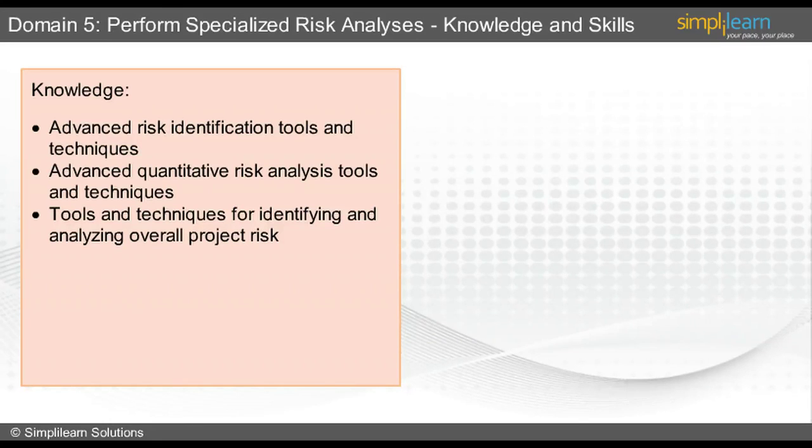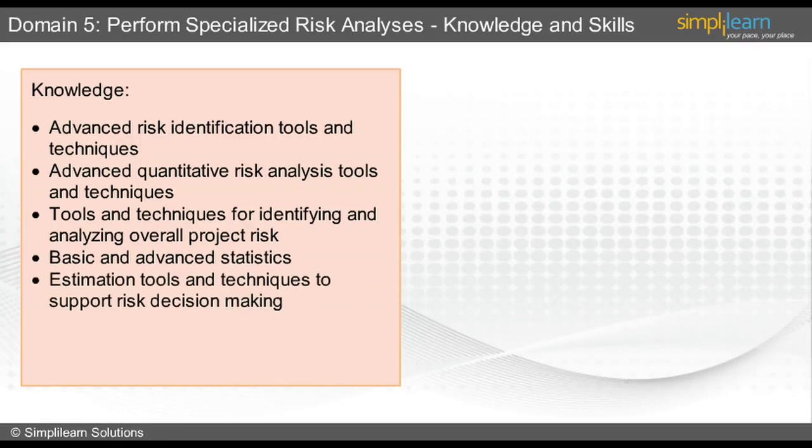Other knowledge requirements are basic and advanced statistics, estimation tools and techniques like cost-benefit analysis, advanced theory of heuristics, and other sources of cognitive bias, and finally, variance analysis using earned value method.